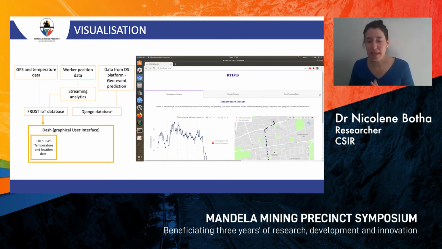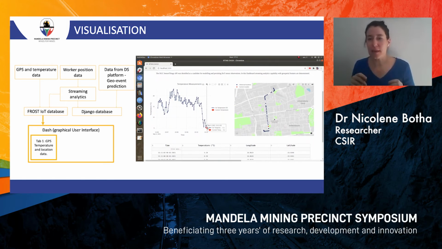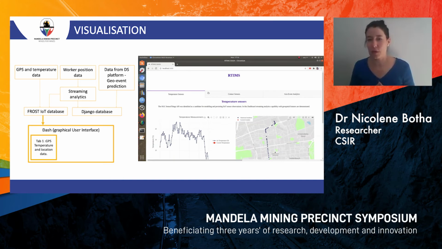As you can see, the temperature data is recorded in the graph, and the orange or red dot is the current temperature, and it's updating in real time. The corresponding GPS location of the vehicle on which the sensor is mounted is shown in the map next to the graph. Below, the temperature and positional data is aggregated, and the last 10 readings is shown in the table.